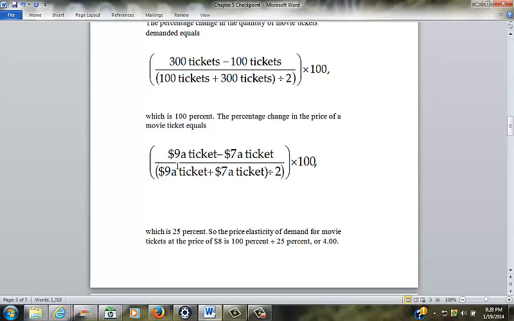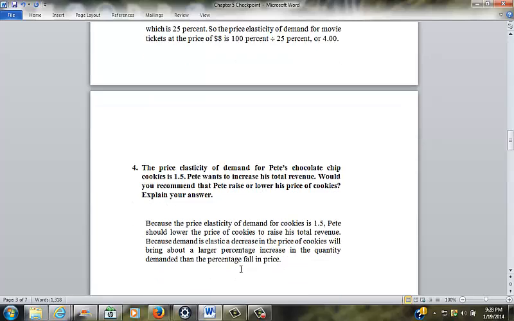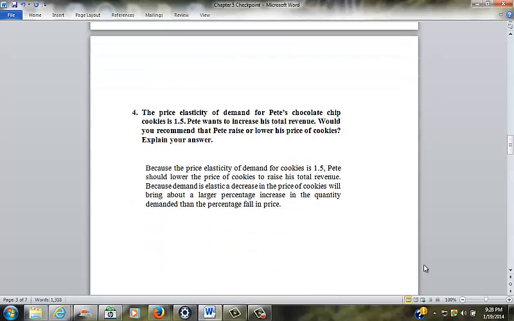The percentage change in quantity equals the change of 100 tickets divided by the average of 300 tickets and 200 tickets, times 100, which is 40%. The percentage change in the price equals the $2 change divided by the average of $9 and $7, times 100, which is 25%. So the price elasticity of demand for movie tickets at the price of $8 is 100% divided by 25%, which is 4.